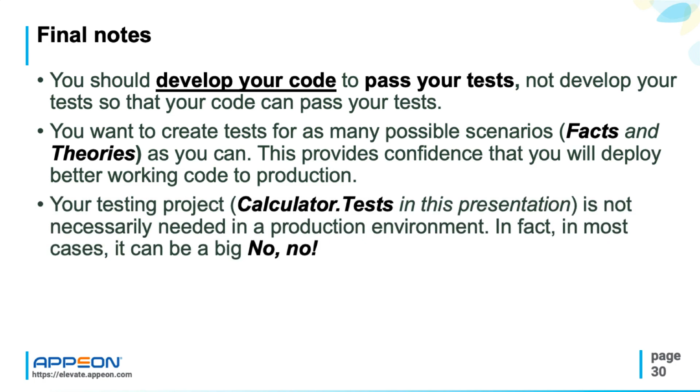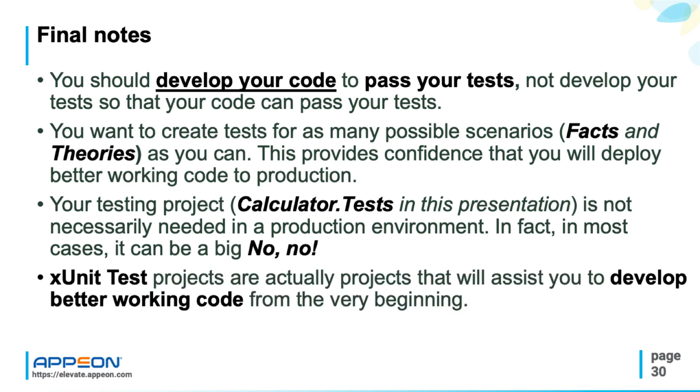Your testing project Calculator.Tests in this presentation is not necessarily needed in a production environment. In fact, in most cases, it can be a big no-no. xUnit test projects are actually projects that will assist you to develop better working code from the very beginning.